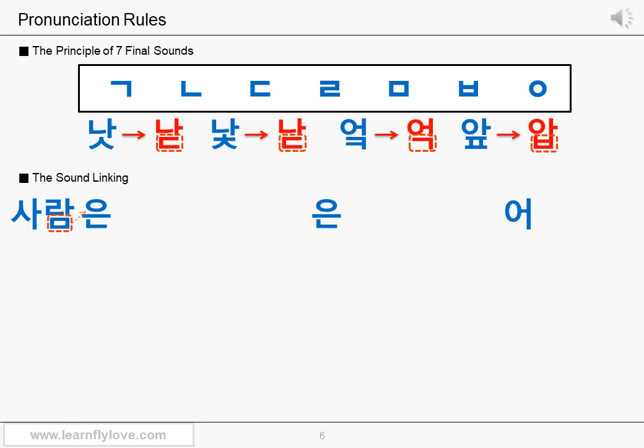But you should know that this rule is applied mostly to particles, endings, suffixes, and letters within a word. There are exceptions, but you don't have to know that right now.